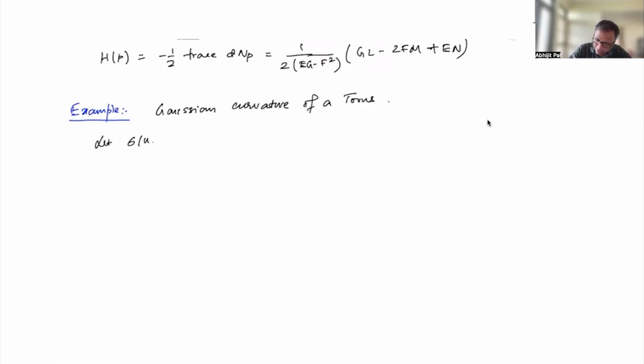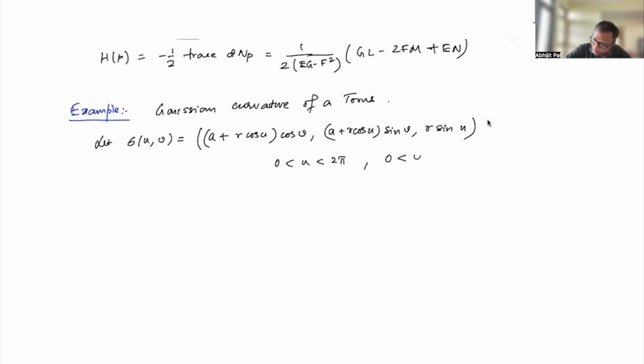Let sigma(u, v) be equal to ((a plus r cos u) cos v, (a plus r cos u) sin v, r sin u), where 0 is less than u less than 2 pi and 0 less than v less than 2 pi.